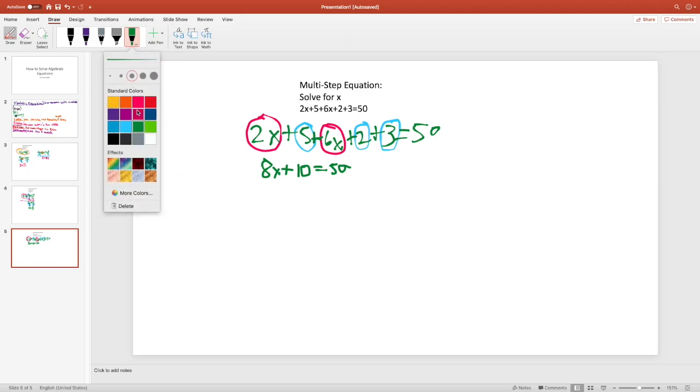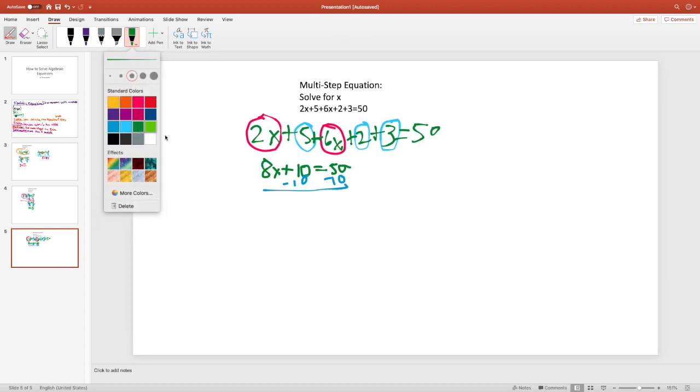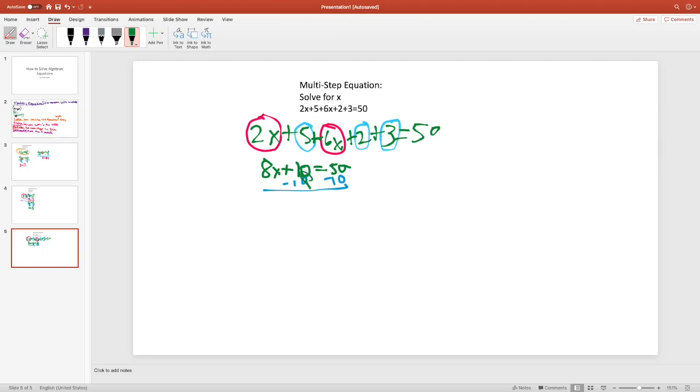If you were paying attention, the first thing we do is look at the 10 and subtract it on both sides. And if we do that, these cancel out. Oh, I messed up.